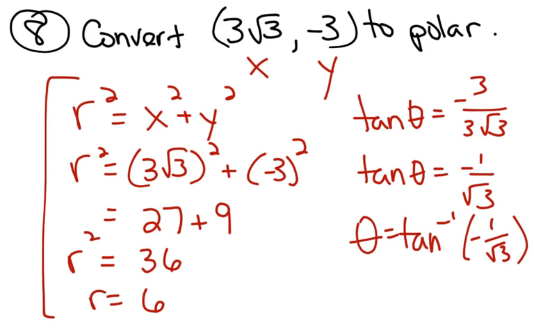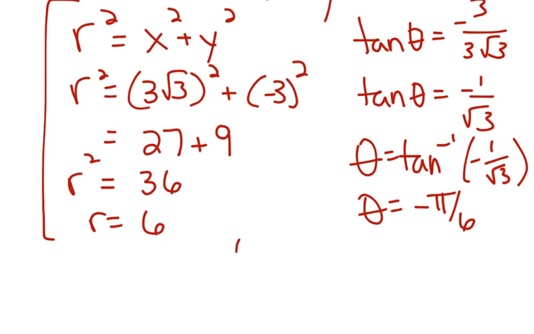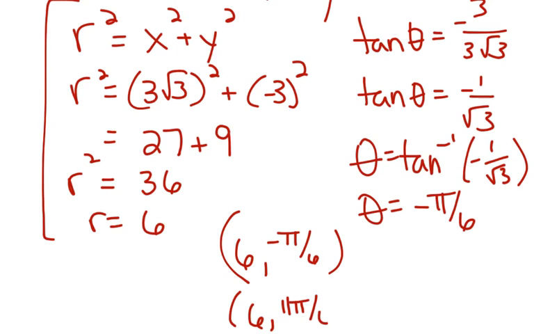And it'll tell you the answer is negative 30 degrees, which is negative pi over 6. Now here's the thing. On the final exam, they may not give you the answer as this. They may, instead of giving you negative pi over 6, give you the answer between 0 and 2 pi, which is actually 11 pi over 6. So watch out for coterminal angles.